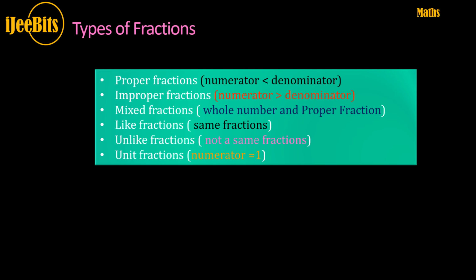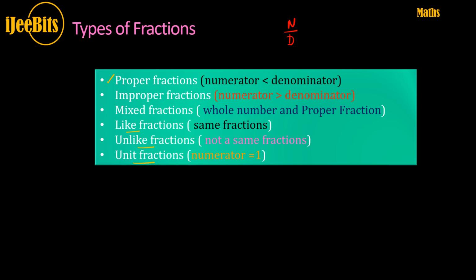I'm sure we are aware of and well acquainted with the types of fractions. We spoke about proper fraction, improper fraction, mixed fraction, like fractions, unlike fractions, and unit fractions. Let me change my pen color. What is meant by a proper fraction? We talk about a numerator and a denominator.